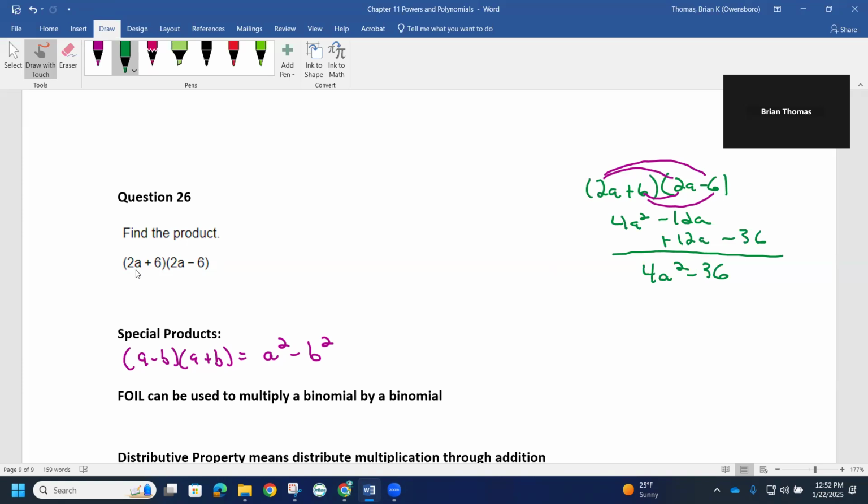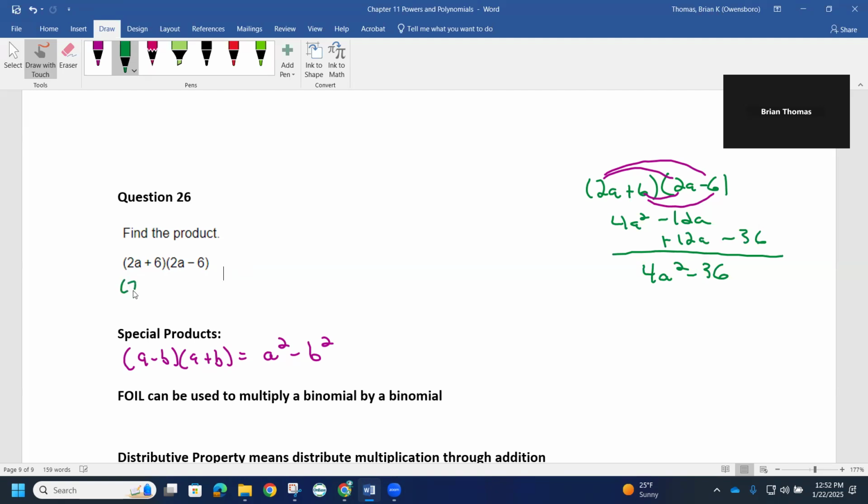So if we look at this problem, notice how we have this 2a plus 6 and 2a minus 6. The 2a represents in our formula a. So a is in these two positions. There's a 2a here and a 2a there. So all I got to do is square that 2a.